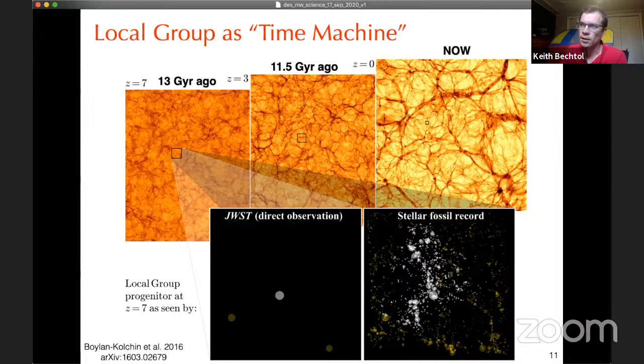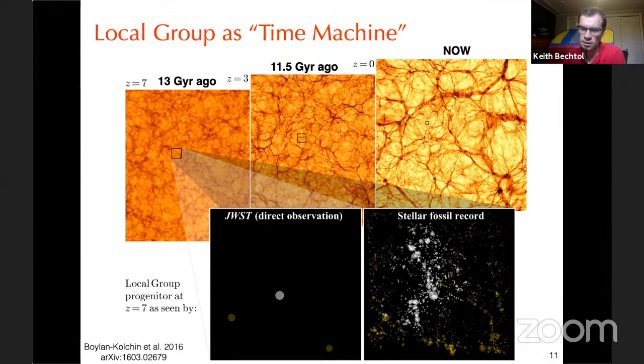However, if we were to look right in our own cosmic backyard, basically looking at the satellites around the Milky Way, we actually have this detailed stellar fossil record where we could look at potentially hundreds of satellites and study their properties in detail. So again, it's thinking about our local group and our stellar halo as this unique record of the past.